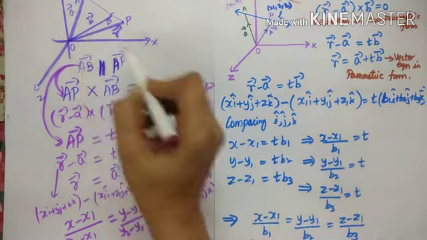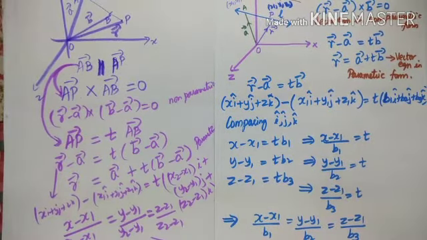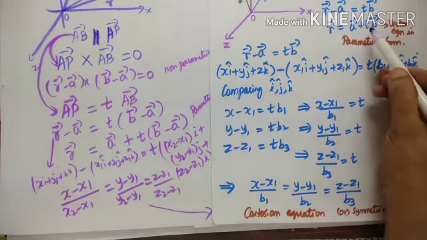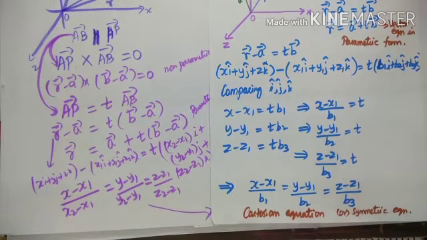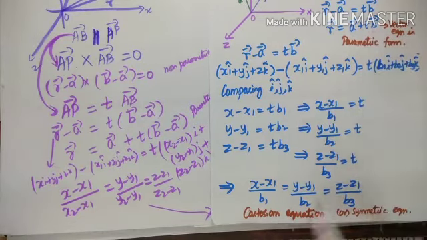Here both the points I have taken, one as A and the other as B. Let us remember: direction comes with T vector, or direction comes in the denominator. A major idea to remember: point comes in the numerator, direction is with T vector, or direction comes in the denominator if it is Cartesian format.